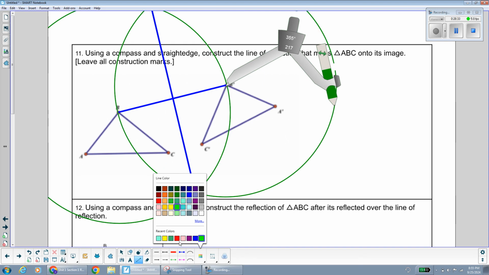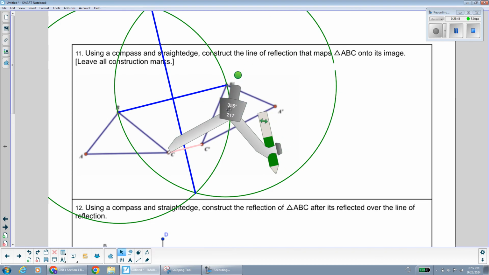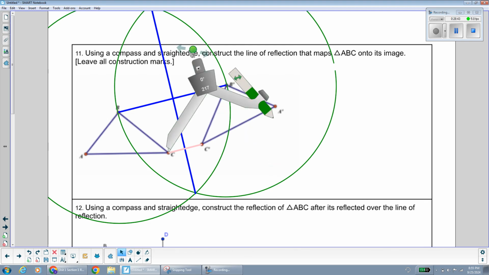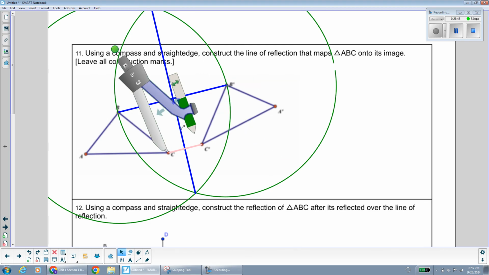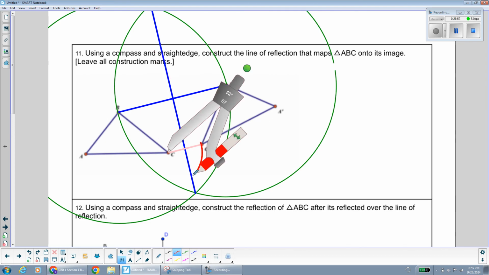But in order to be even more accurate, we're going to do it one more time for another set of corresponding points. It's going to be a tough one because it's such a small line segment. On the computer, too big and too small is tough. Okay, swing a circle.